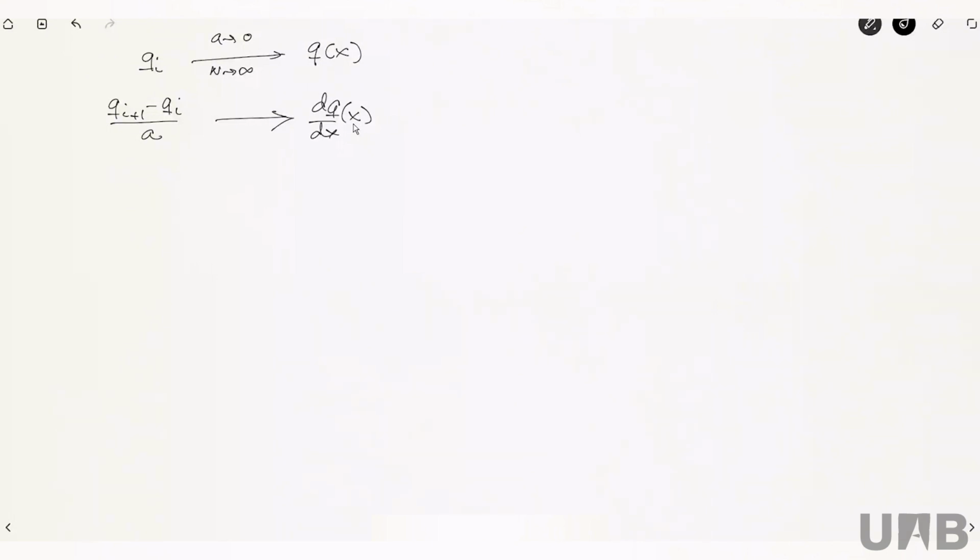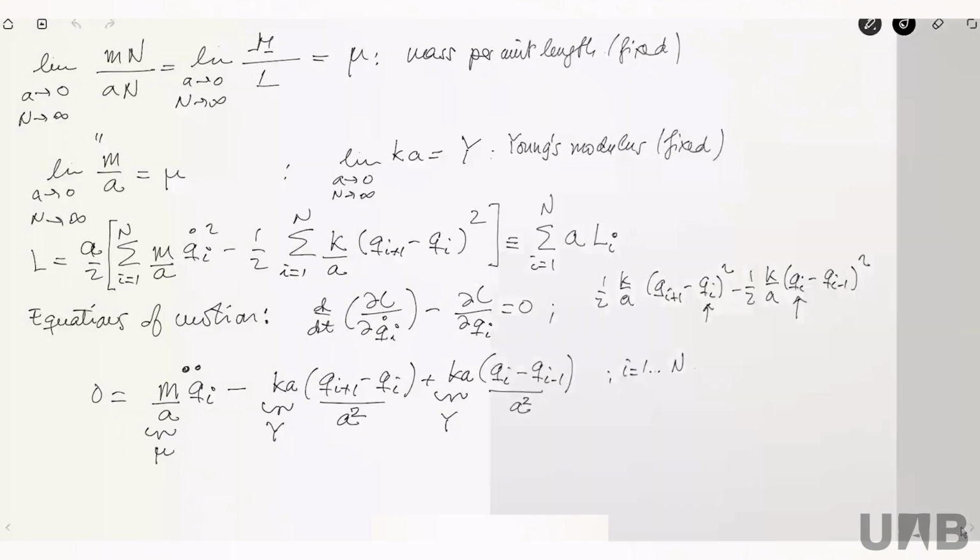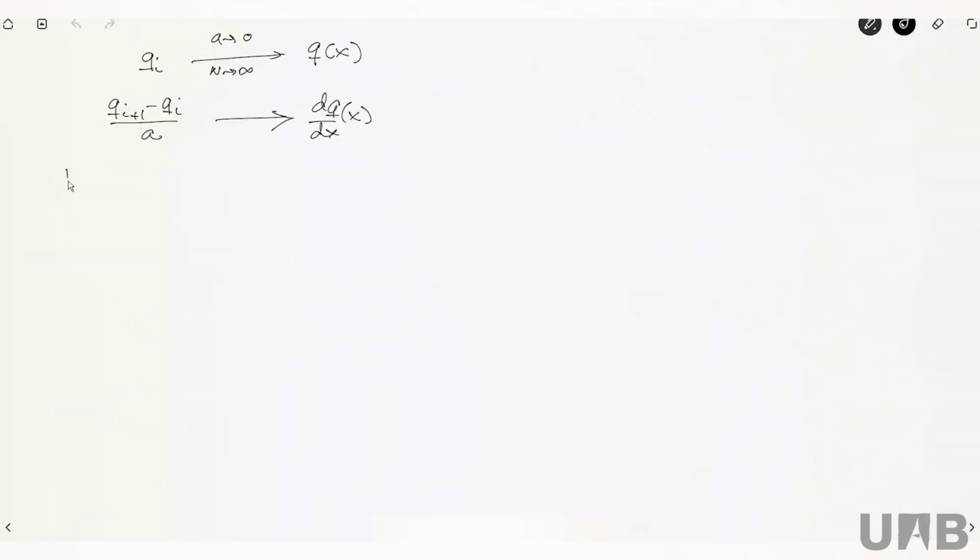Well, if I do this, then let's go back to the equations that we had. So here they are. I'm going to write them again. That's m over a qi double dot minus ka (qi plus 1 minus qi) divided by a squared plus ka (qi minus qi minus 1) divided by a squared.